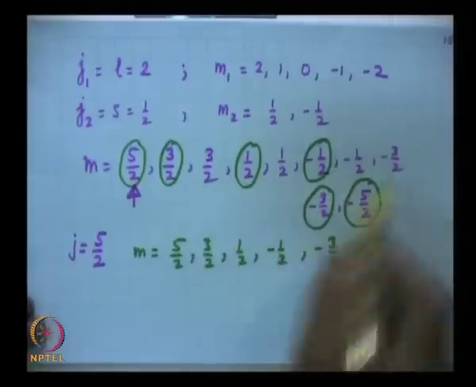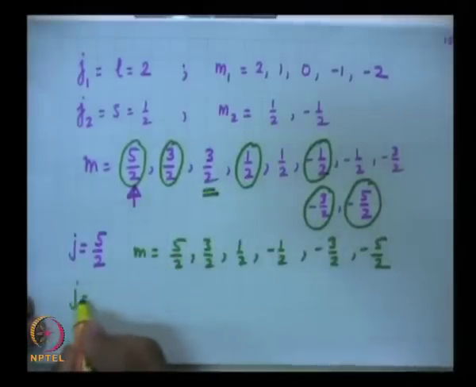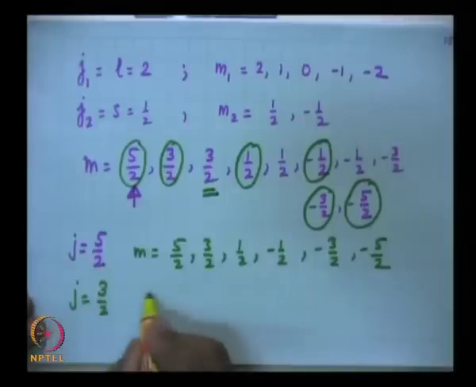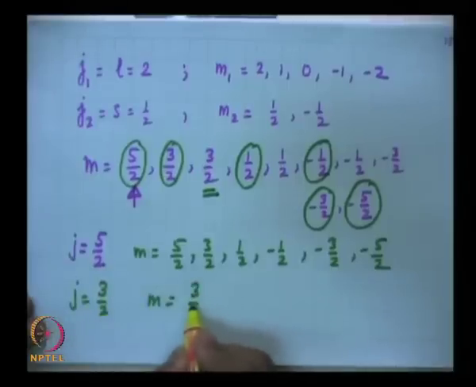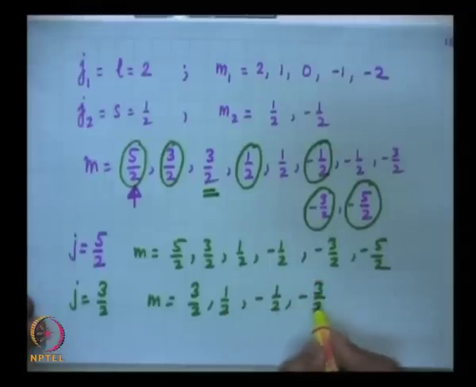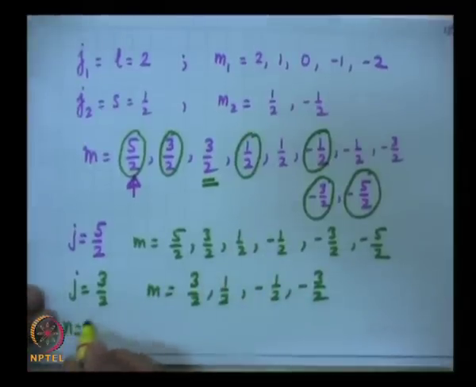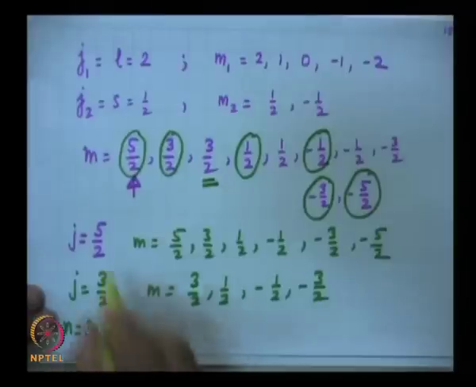Then there are 4 remaining, the maximum value is 3 by 2. So, j will be 3 by 2, m will be 3 by 2, half, minus half and minus 3 by 2. So, thus if n is equal to say 3, and let us suppose L is 2.